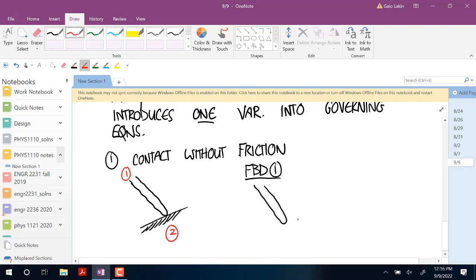Notice that if this is the surface of contact, then the force is perpendicular to it.